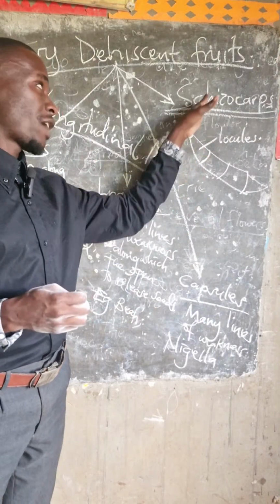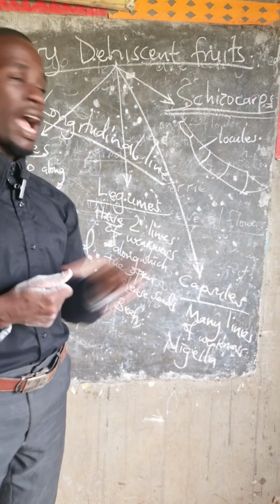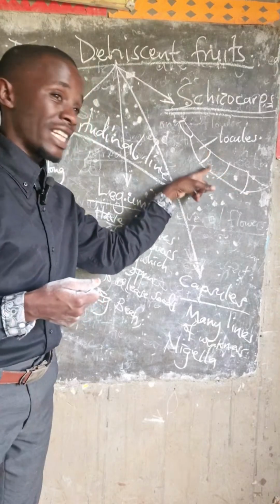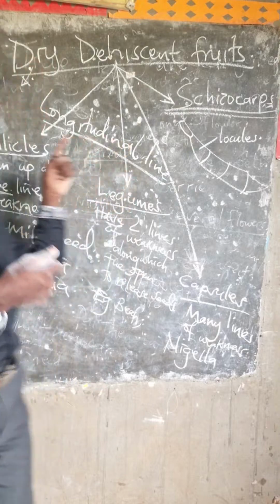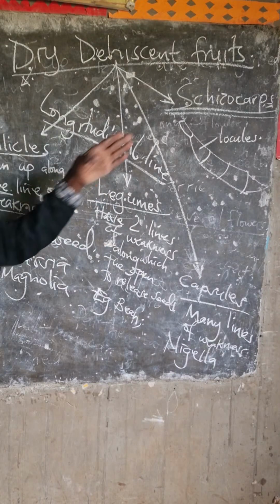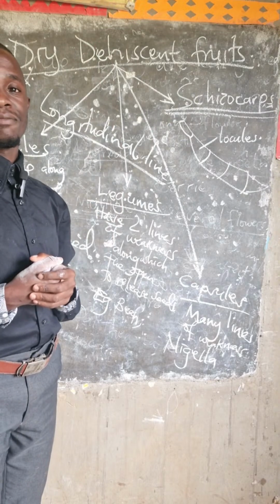So we don't classify them as dehiscent fruits. They are indehiscent fruits. However, they have lines of weakness, but vertical lines of weakness, not longitudinal lines of weakness, as it is for these three categories. So we shall talk about schizocarps in dry indehiscent fruits.